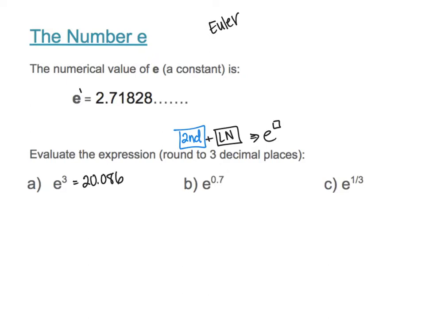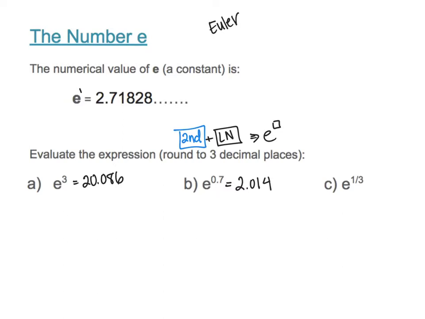20.086. Now I'm going to go back in my calculator and press in e to the 0.7. So if I hit second ln 0.7, my calculator actually does decimals for an exponent, and I got 2.014 if I round to 3 decimal places.